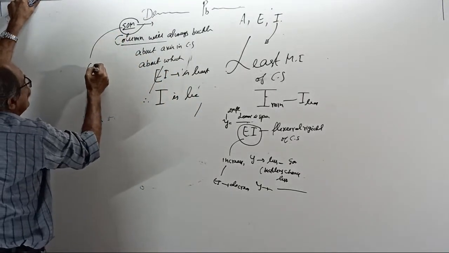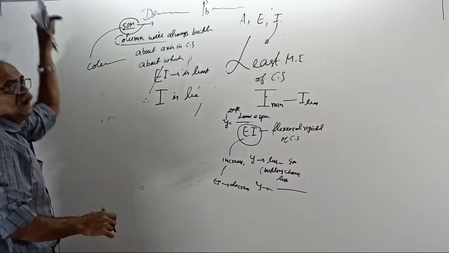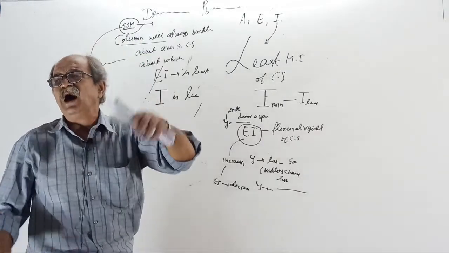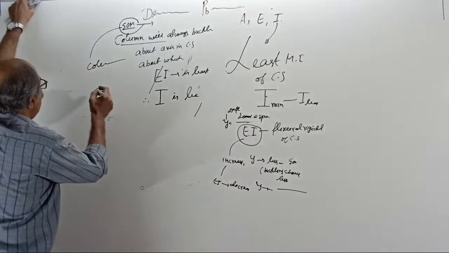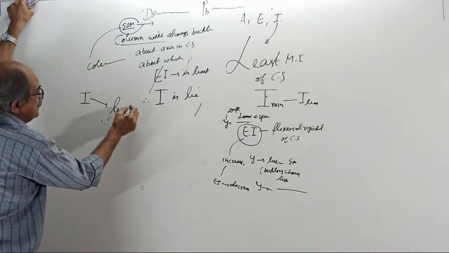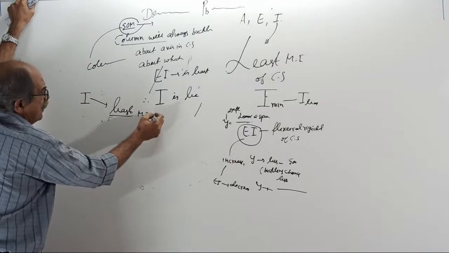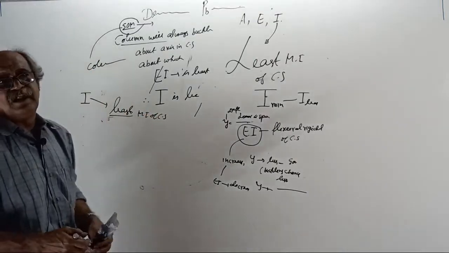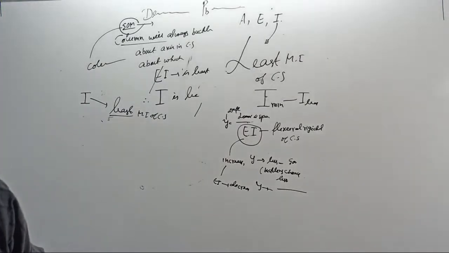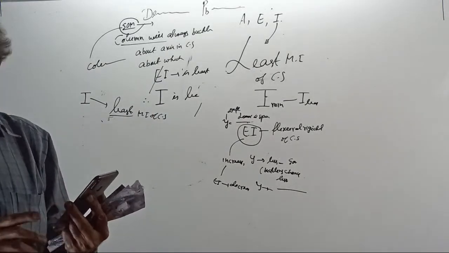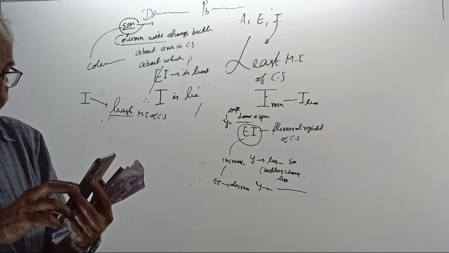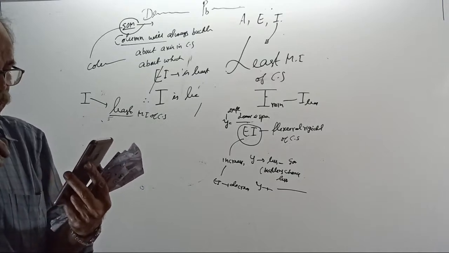In the entire column chapter, whether you consider Euler's buckling load or Rankine's failure load or some other formula, wherever I comes, you have to consider the least moment of inertia of the cross section. Clear? Always least I. Make a note. Why did I say least?